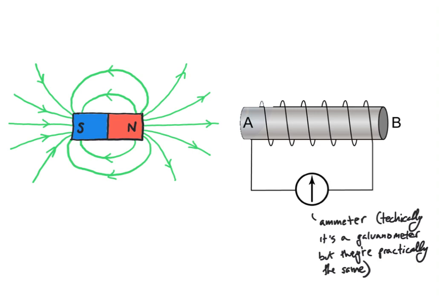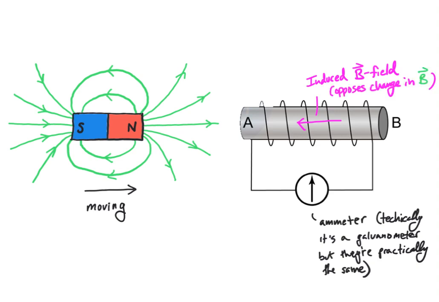So again, if our magnet is moving to the right, and the North Pole is on the right side, then inside the solenoid there is a magnetic field that is pointing to the right and getting stronger. This changing magnetic field, in turn, induces a response in the solenoid that results in a magnetic field pointing to the left, basically trying to oppose the change in the magnetic field inside the solenoid.